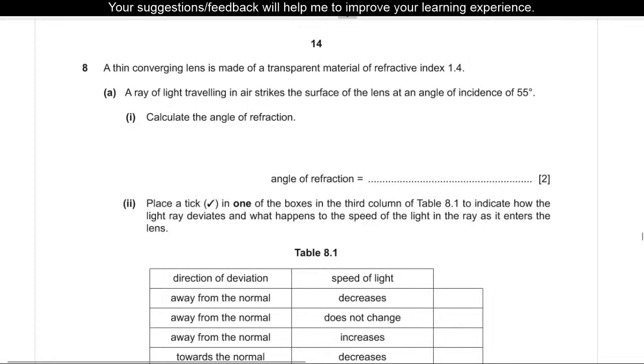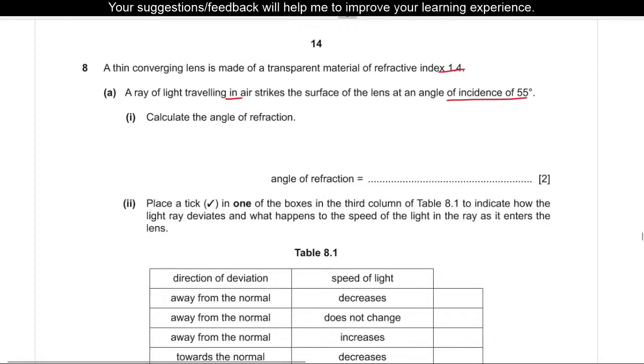Calculate the angle of refraction. So we are given refractive index, we are given angle of incidence, and we are given the fact that light is traveling in air and it strikes the surface of the lens.